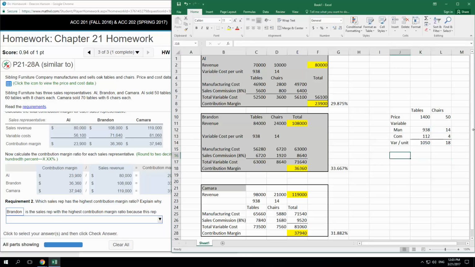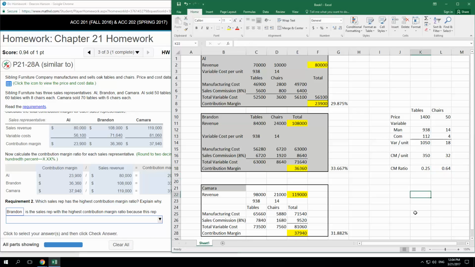Okay, so you could get your contribution margin per unit by taking the difference, 1,400 minus 1,050, and 50 minus 18. And that's going to be the same for everybody. Now let's get our contribution margin ratio. So I'll take my contribution margin per unit and divide by my price, and I'll do it for both tables and chairs.